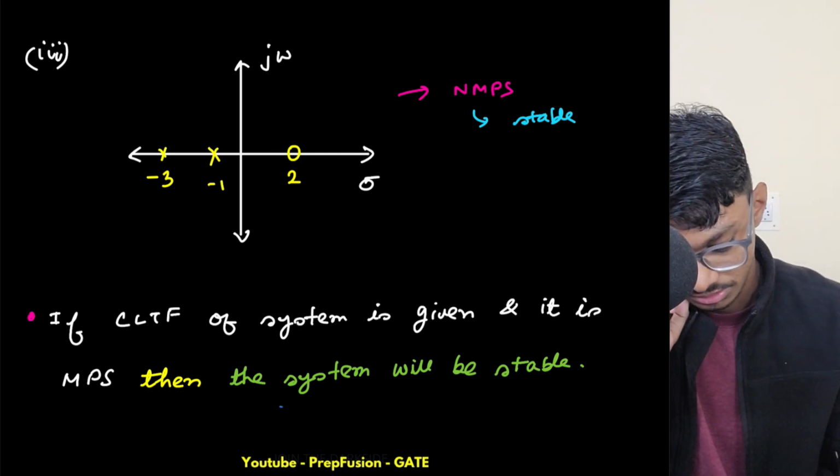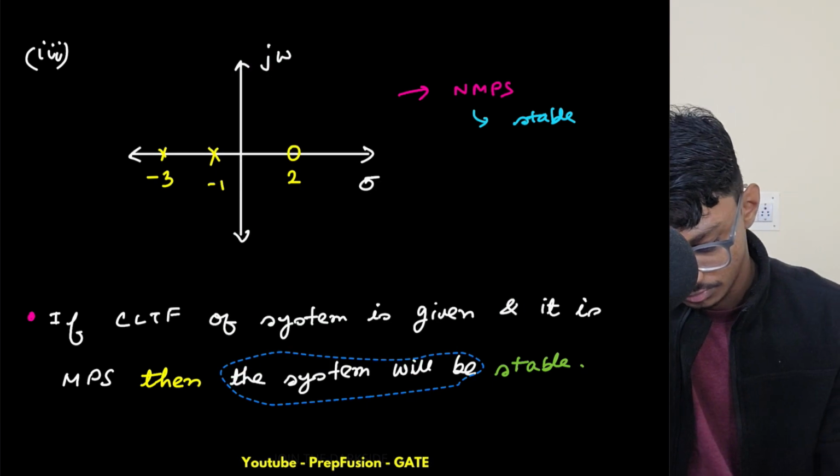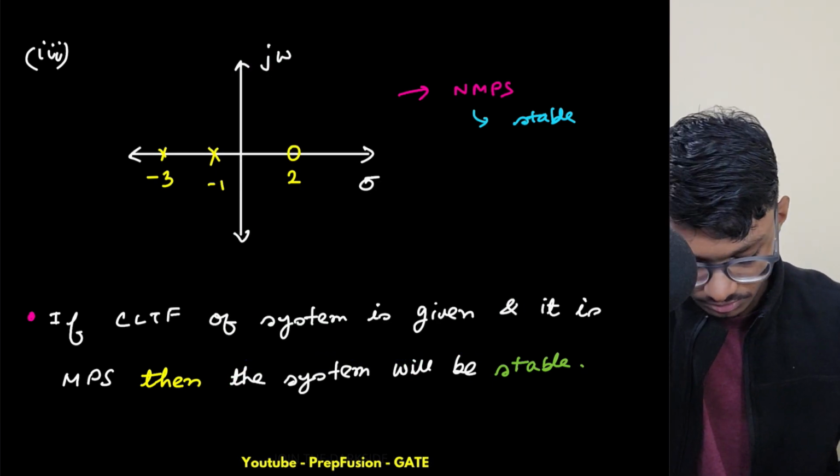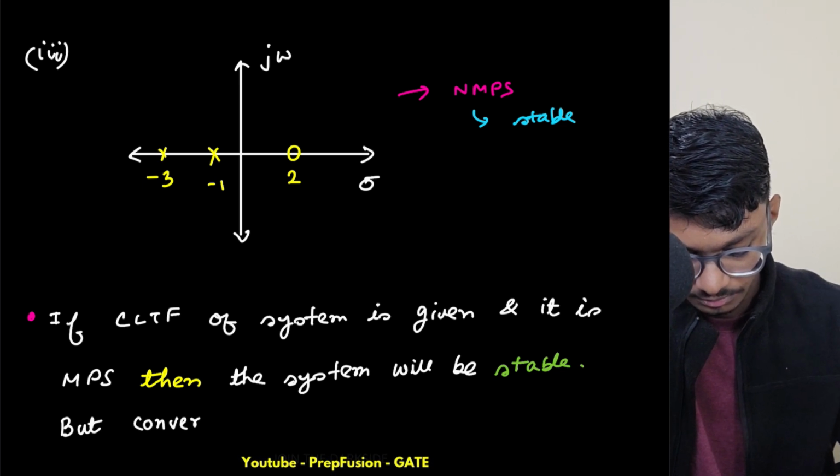Very important. The system will be stable. But vice versa is not true. The converse may not always be true.